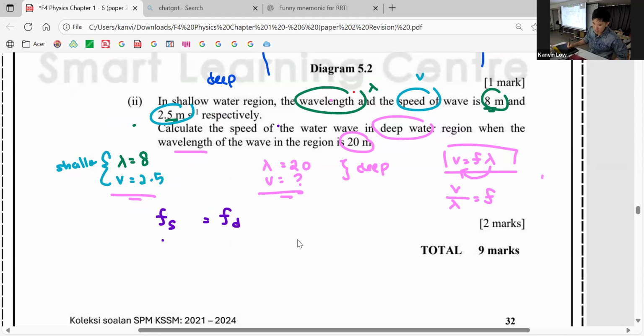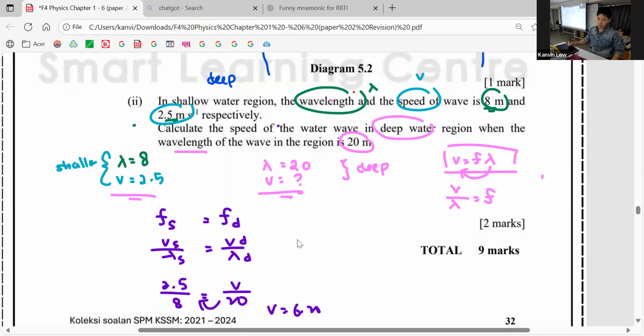So we say V over lambda equals V over lambda for the shallow and also the deep water. So from here we write 2.5 divided by 8 equals V over 20. You want to find V, move the 20 to the left, and you will get an answer of 6.25 meters per second.